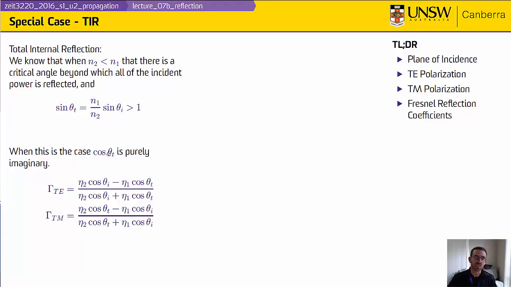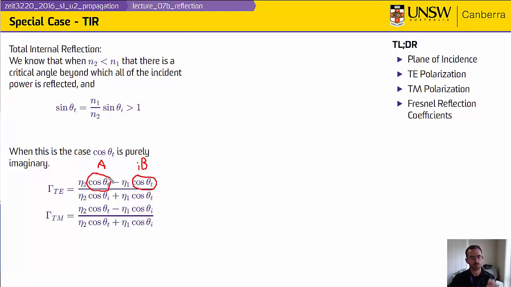Let's see what this means in the context of the Fresnel reflection coefficients. We have a situation where the cosine of theta incident is purely real, so we'll call this A. And the cosine of theta transmitted is purely imaginary, so we'll call this iB. It doesn't matter what A and B are for what we're going to say.